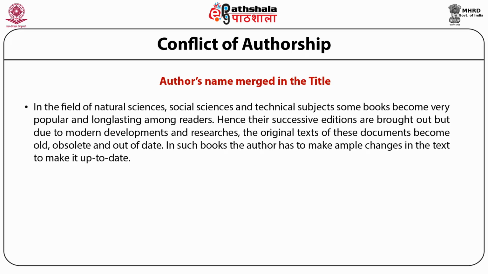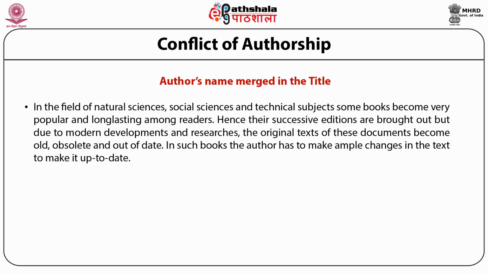In the field of natural sciences, social sciences, and technical subjects, some books become very popular and long-lasting among readers. Hence, their successive editions are brought out, but due to modern developments and researches, the original text of these documents becomes old, obsolete, and out of date.